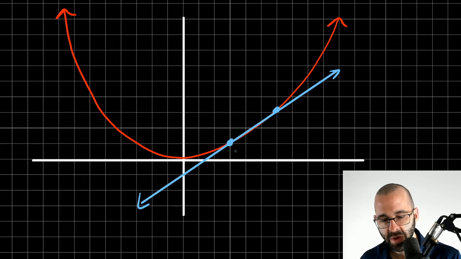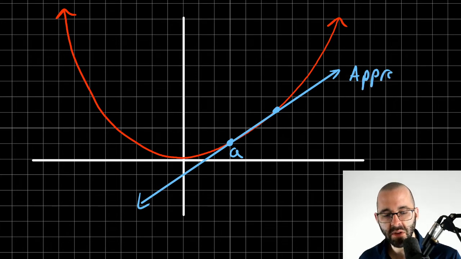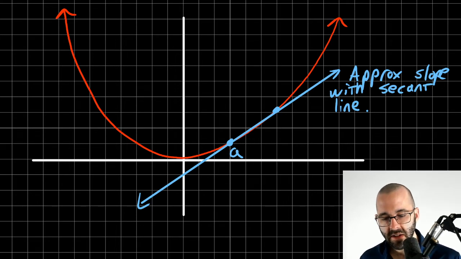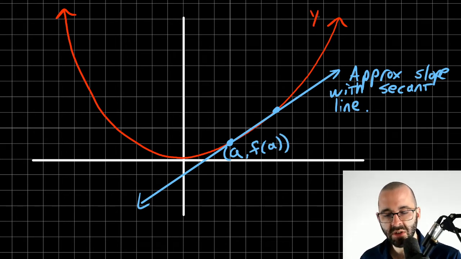So let's call this point A. We can approximate the slope with something called a secant line. And if we really want to be accurate, this is the point (a, f(a)), where this red function is the graph of y equals f(x).